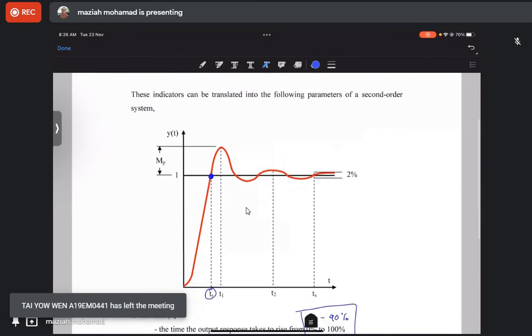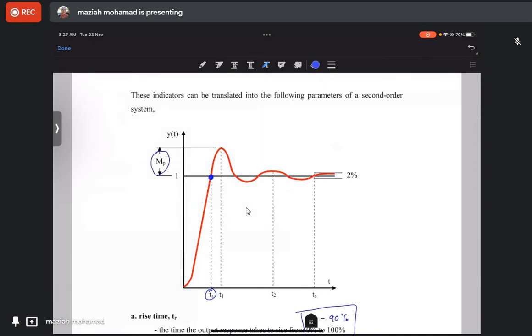Right. So this is maximum overshoot. Maximum overshoot is actually the difference between the value here to the final value. Okay, so the maximum overshoot is actually that region.